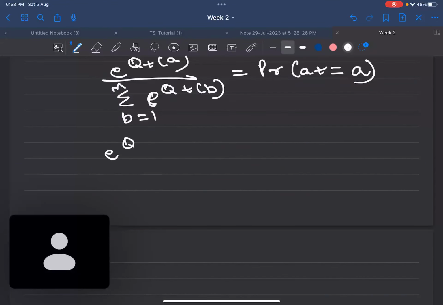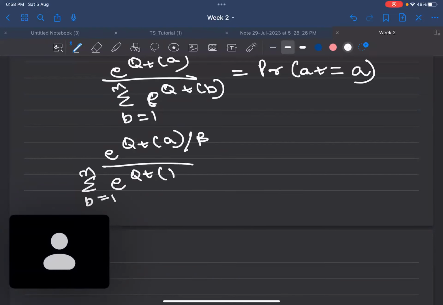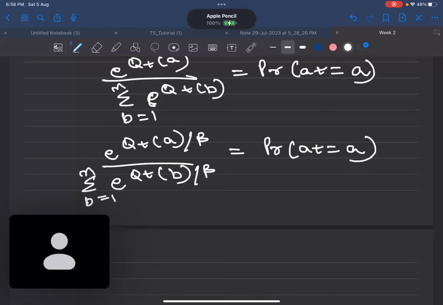Now, what is the role of this beta? This is the temperature. What does this temperature refer to? If beta is very high, then it's essentially uniform, we are just randomly choosing.